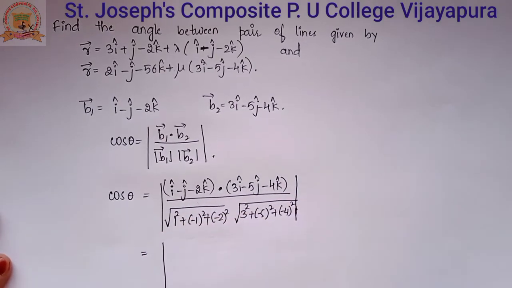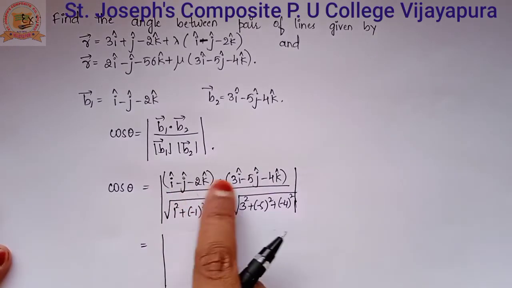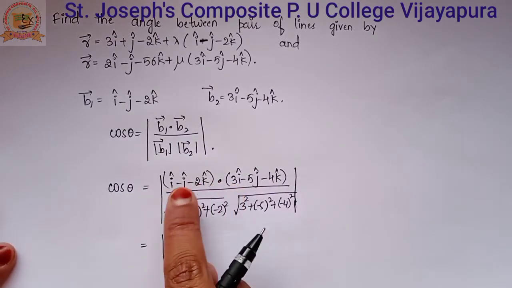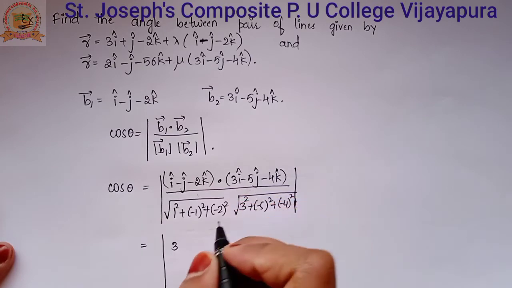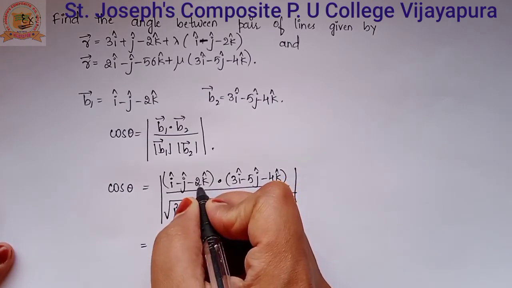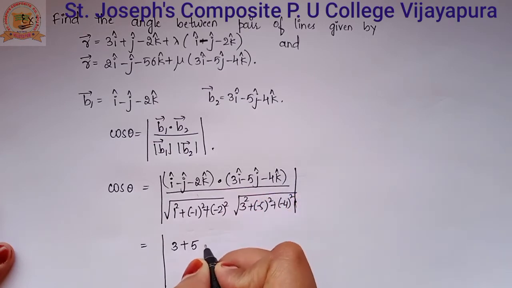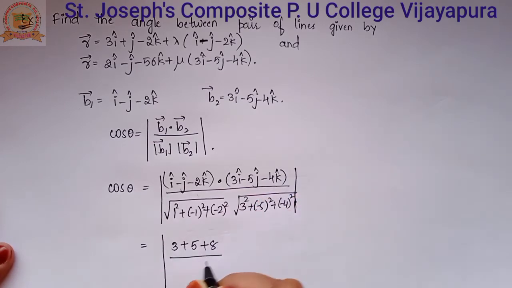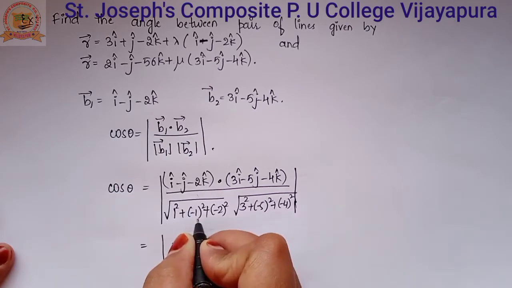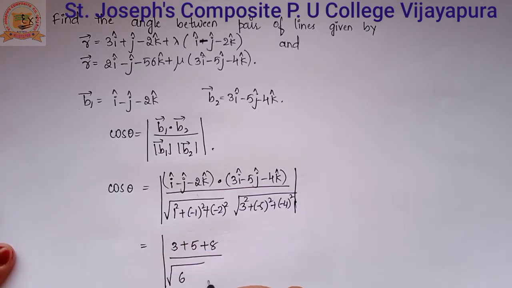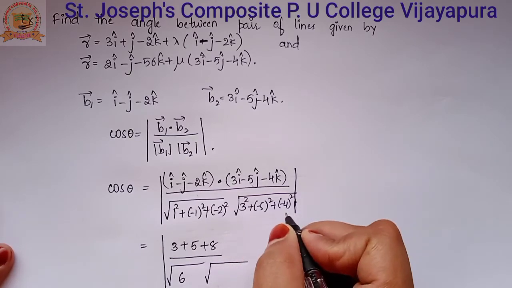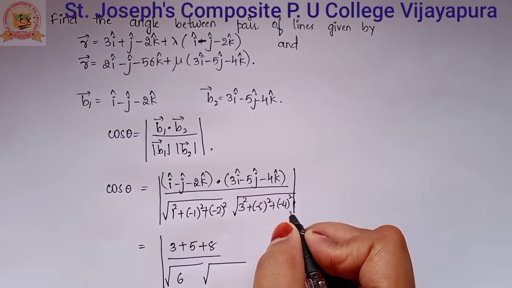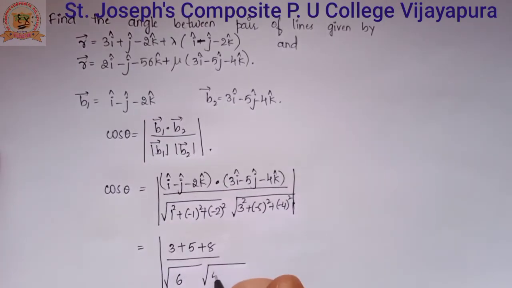dot product. We know how to do the dot product of these two vectors. I vector dot 3i vector is 3, minus j vector into minus 5j vector is plus 5, and minus 2k vector into minus 4k vector is plus 8, whole divided by root of 1 plus 1 is 2, 2 plus 4 is 6, into 3 square is 9, 9 plus 25 plus 4 square, that is 16, gives you 50.